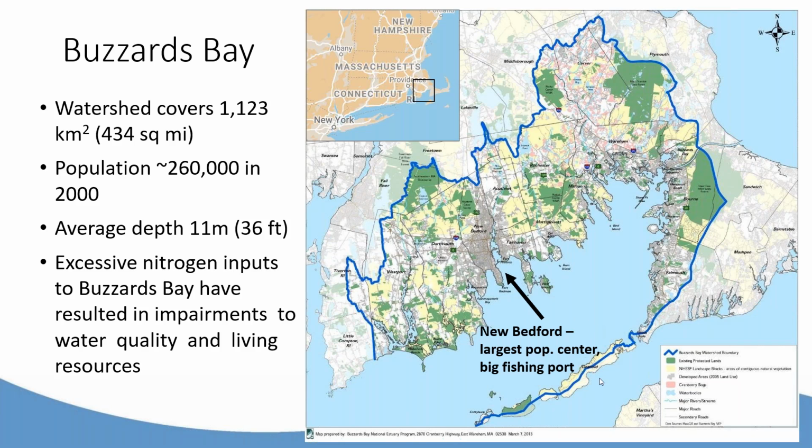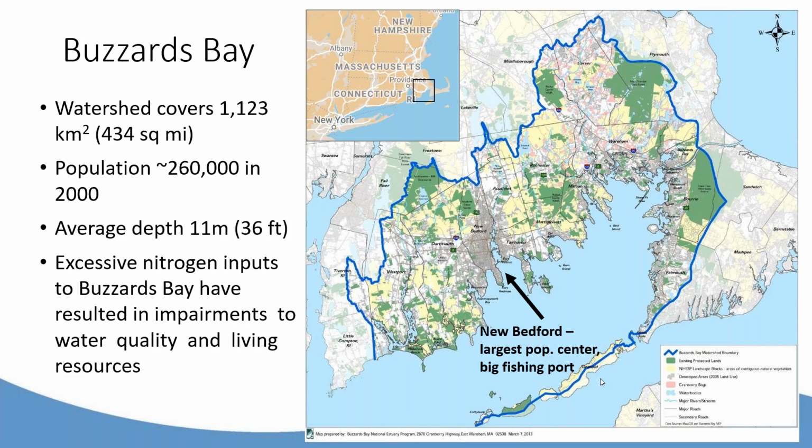And so the blue line on this map shows our watershed, and that area covers about 1,100 square kilometers. Our year-round population is around 260,000 people, although our summer population is quite a bit more than that.